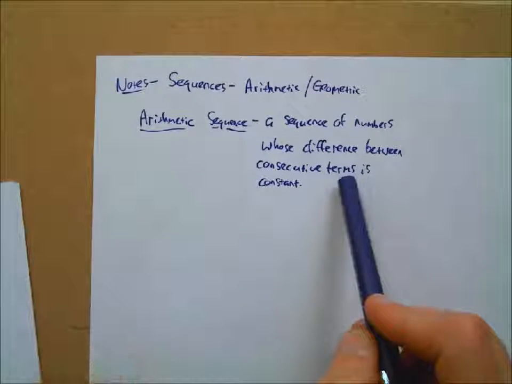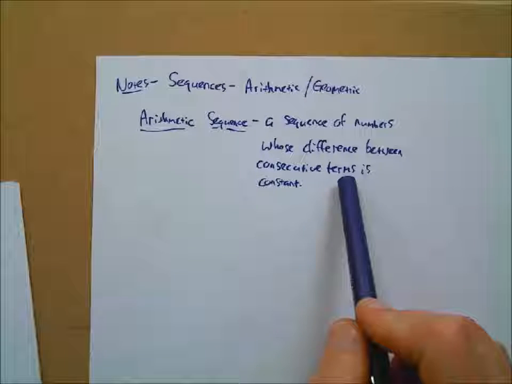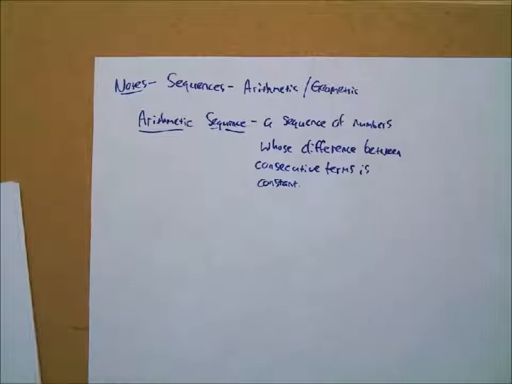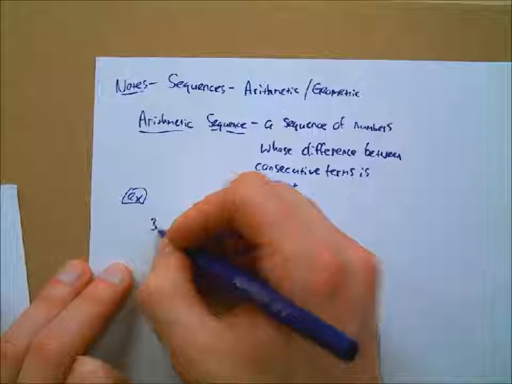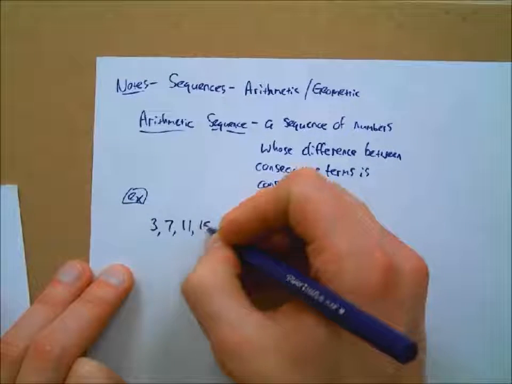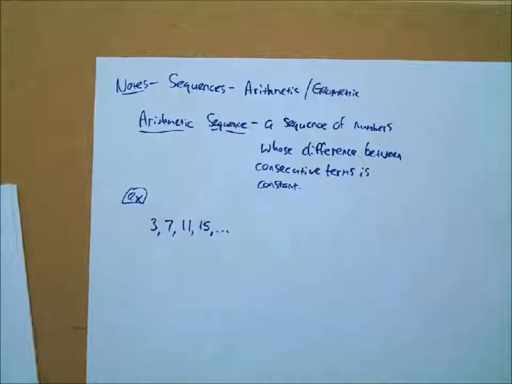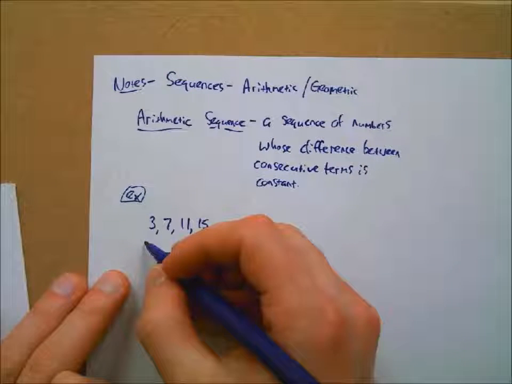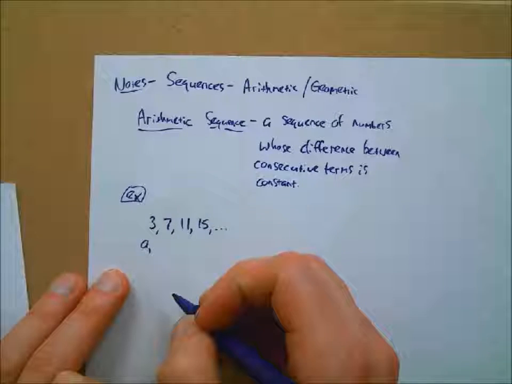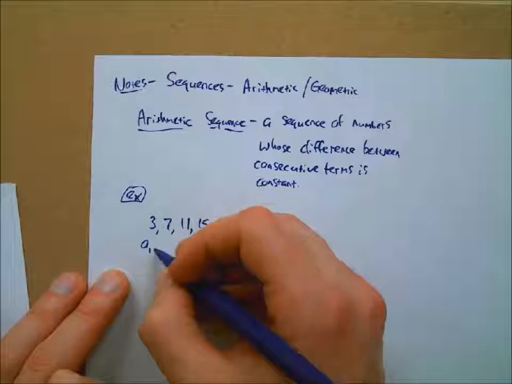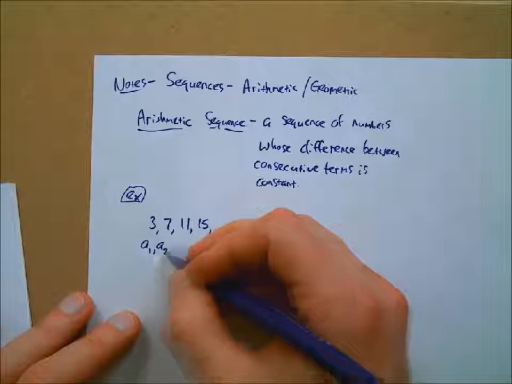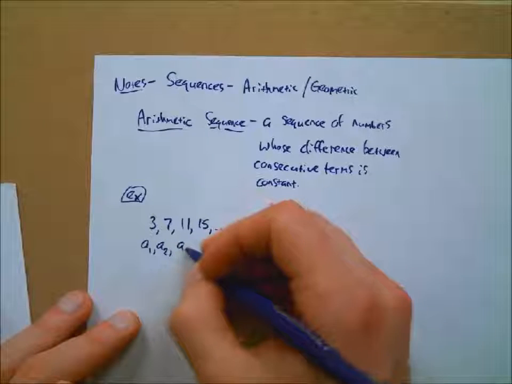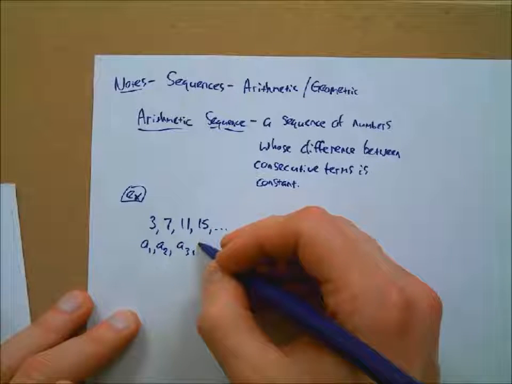An individual number in a sequence is called a term, and the terms are of course numbered as well. Let's get an example of this. We've got 3, 7, 11, 15, and so on. 3 is called the first term, normally designated as a sub 1, because it's the first term. 7 is the second term, so a sub 2. 11 is the third term. 15 is the fourth term.